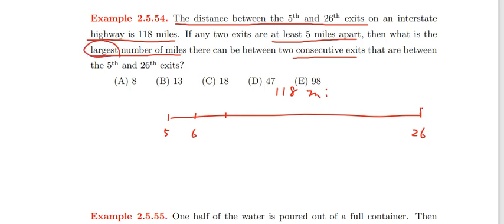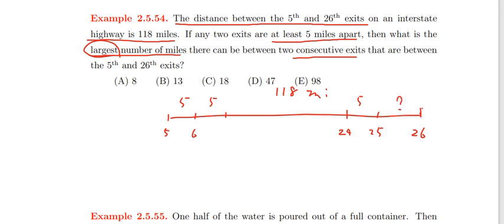Largest means we let the others be the smallest, then we can leave 1 for the largest. So each of the others is 5, 5, 5, 5, 5. Then this 1 is the largest.